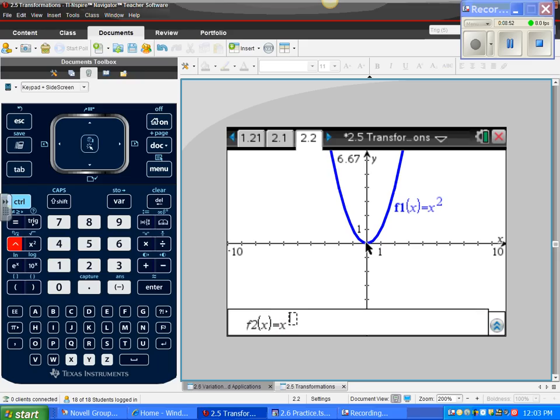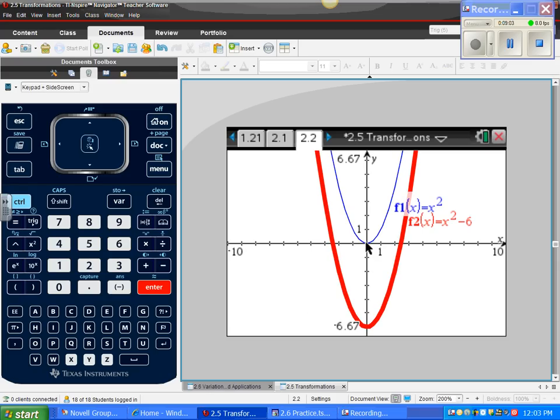And then we have our x squared minus 6. Now hopefully I was right. Whoops, sorry about that. Hopefully my graph is going to vertically translate down 6 units, and it does. Okay, so you're going to do this in words first, and then you're going to explain and prove yourself graphically.